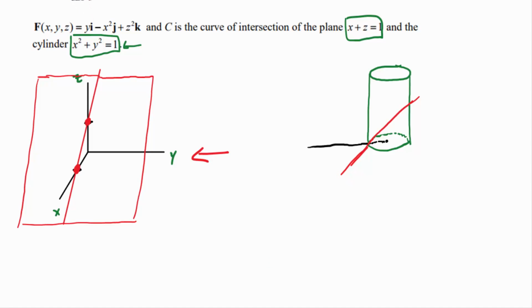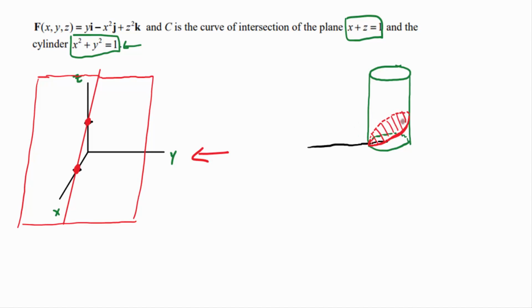So I'm going to erase that line because it's not really the part I want to draw. So wouldn't it be an ellipse? Something like that. And so this would be your curve of intersection. And then this would be the plane inside the cylinder.